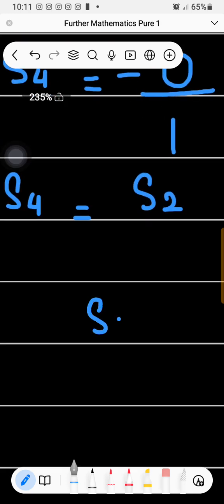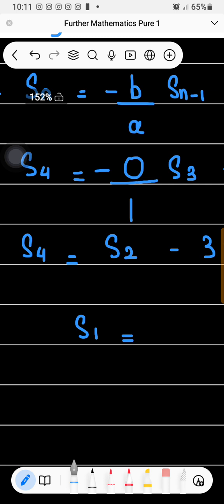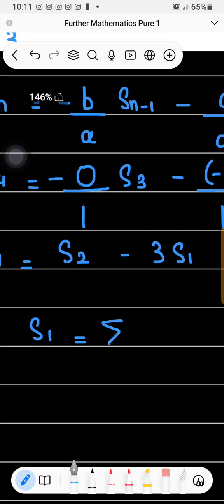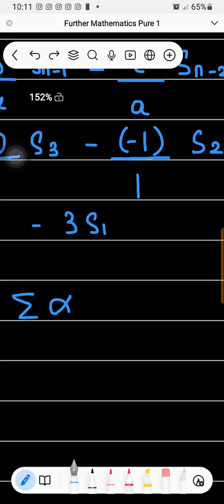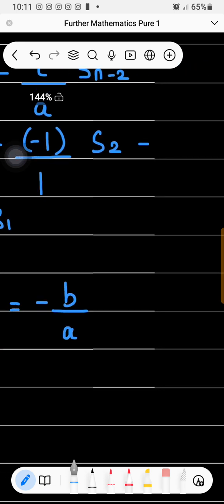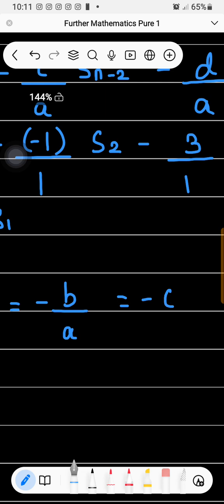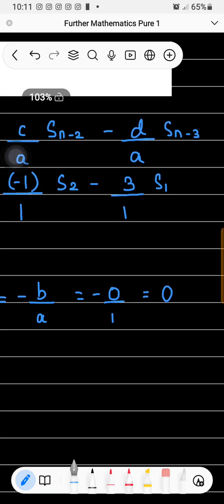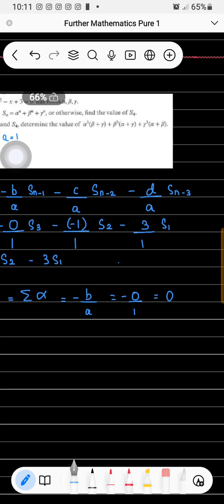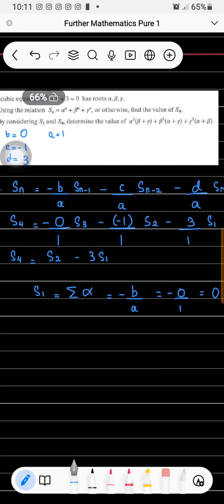How will we find S1? S1 is equal to sum of alpha. How to find out sum of alpha? We will find sum of alpha as negative b upon a, and we know b is 0, so it is negative 0 upon 1, which is 0. So here S1 is 0.